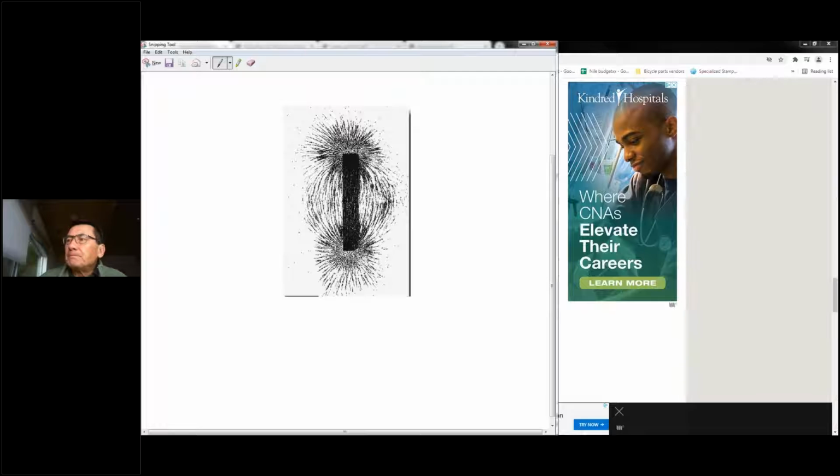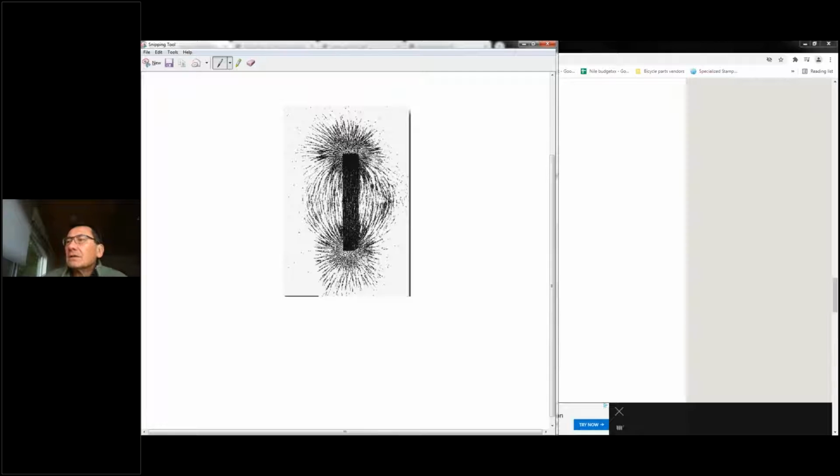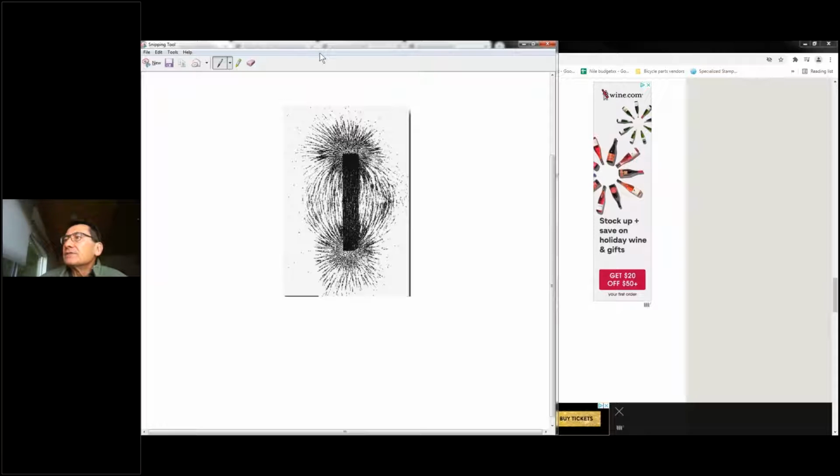The denser the lines of flux are, the stronger the magnetic field. So when we talk about a very strong field, we think in our mind about more density in the concentration of lines of flux. So, I'm always challenged at moving things around on this screen.